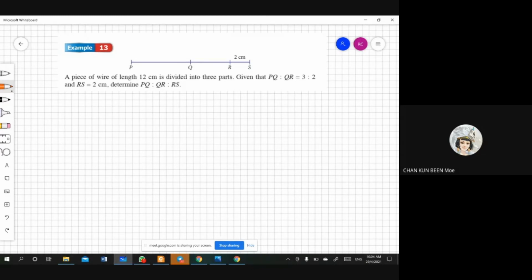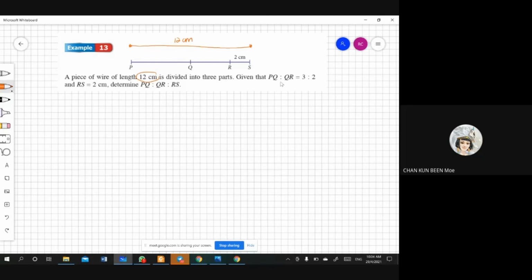Okay, so here we have a piece of wire, meaning that you've got a wire this long, of length 12 centimeter. It is divided into 3 parts. So you can see these 3 parts here. PQ, 1 part, QR, another part, and RS is the smallest part.